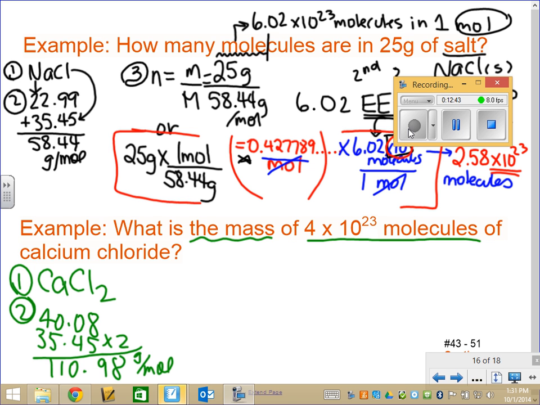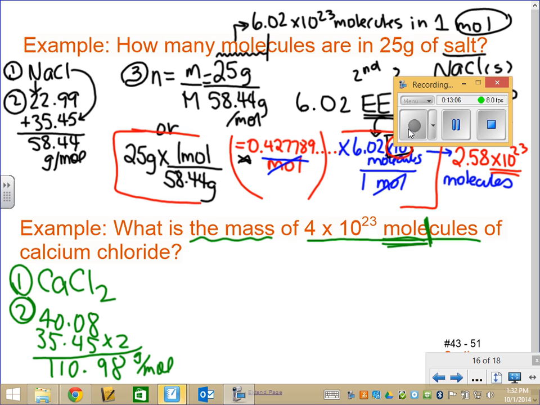Now that I've done those two steps, I can ask myself, okay, how am I going to calculate my answer? It's asking me what's the mass of some number of molecules. Molecules isn't part of any formula that I know, but I do know that molecules and moles have a relationship.